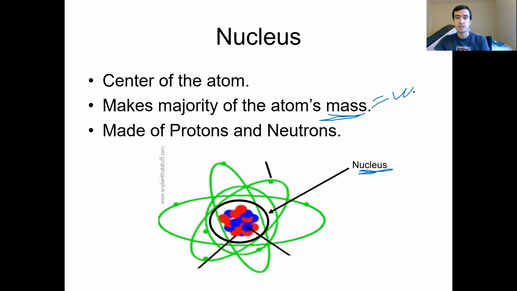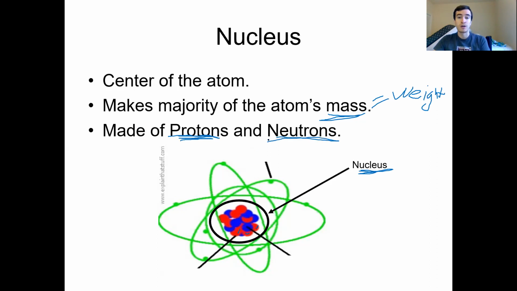So mass is similar to weight. So the amount of mass that an atom has is pretty much entirely made up of the stuff that's in the nucleus. So inside of our nucleus, we have two of the three major particles. We've got our protons, which are these little red guys right here.